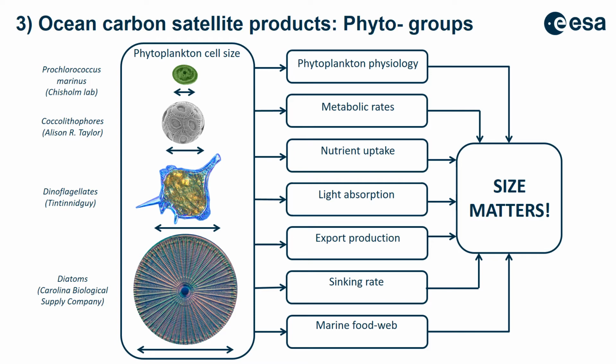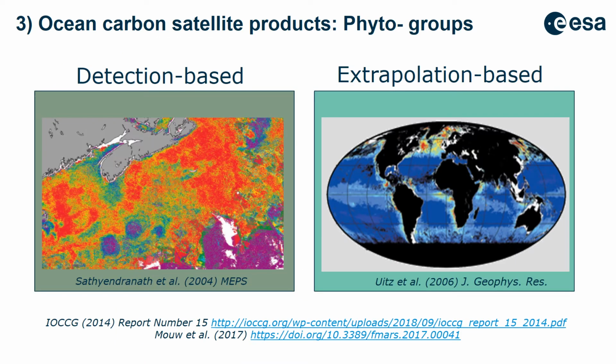The size of the cell is also thought to be important in the context of export production, so the amount of carbon that sinks down into the deep ocean, and also their sinking rate, so the rate of sinking of these particles. And of course it has a big influence on the marine food web, so how energy is transferred through to zooplankton and up to higher trophic levels. So the phytoplankton size really matters.